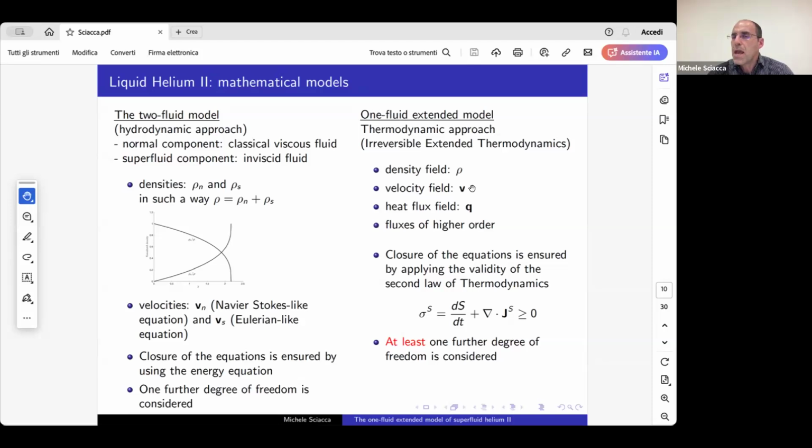So the behavior expected in co-flow of quantum turbulence is quite similar to a classical fluid, in those experiments where the heat flux is practically zero, because, I don't know, you use a bellows or something to pump helium in a channel.